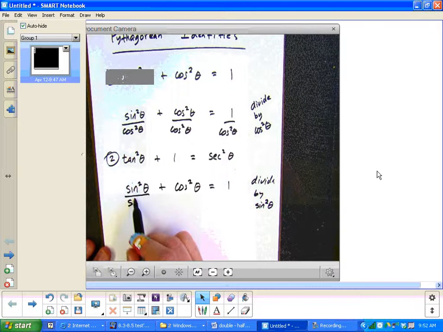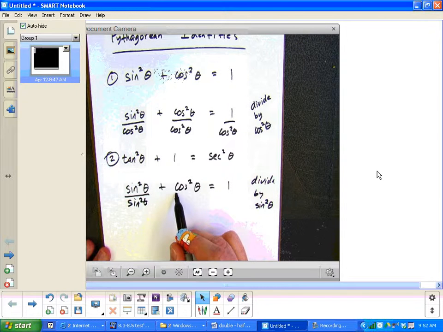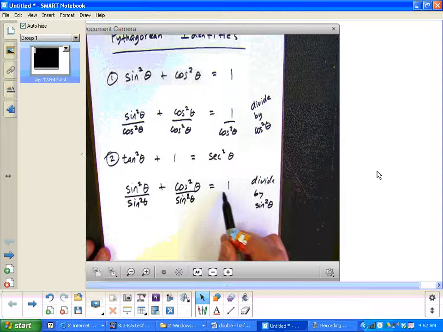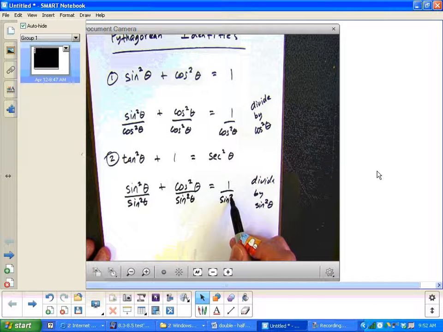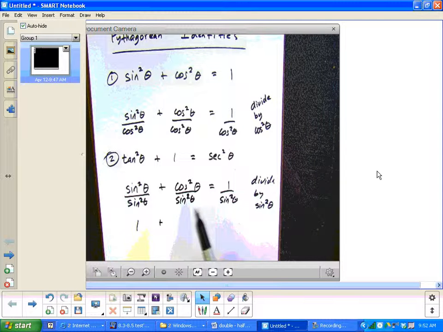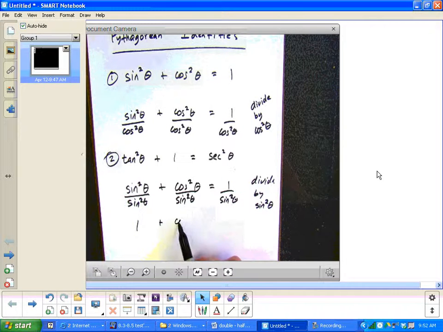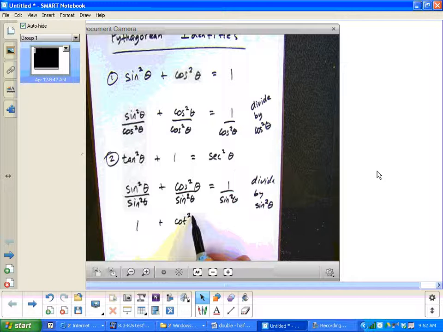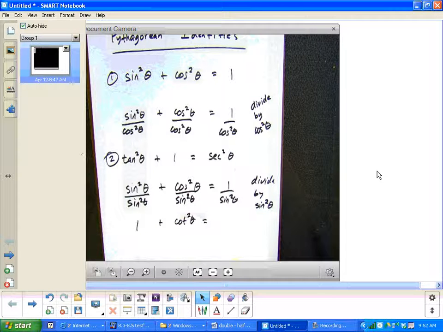All right, so let me divide everything by sine squared. Let's see if you can tell me. That's 1. Cosine over sine is cotangent, so this would be cotangent squared. And then 1 over sine is cosecant, so this would be cosecant squared.